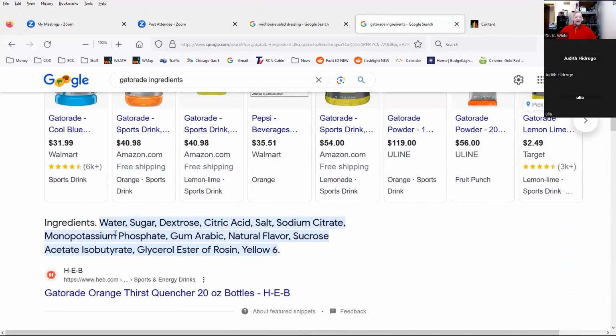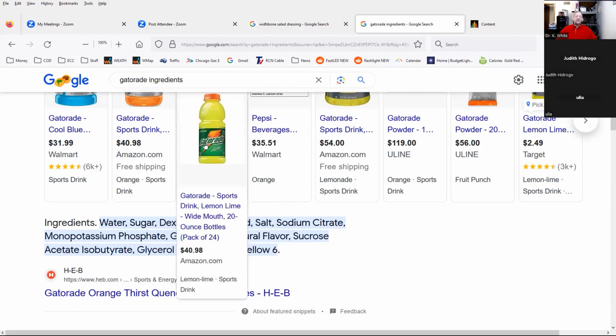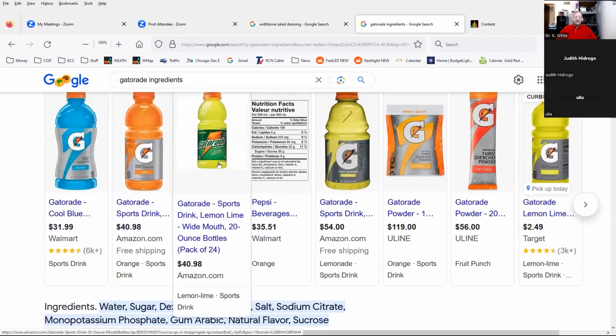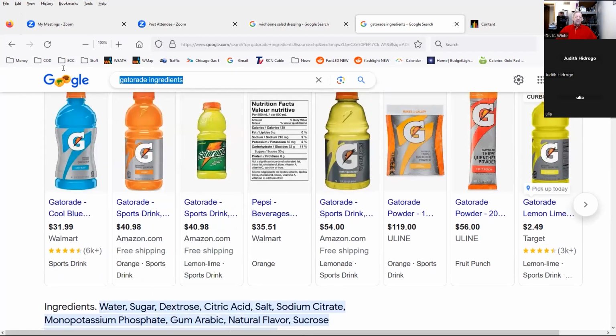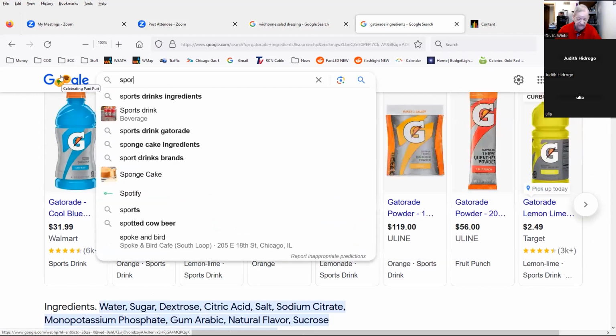And if you look here, it has things like sodium citrate, which is a type of salt, and it's got a lot of sugar in it too. And this would be an electrolyte. You're replacing it.